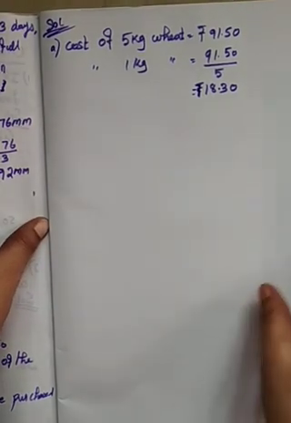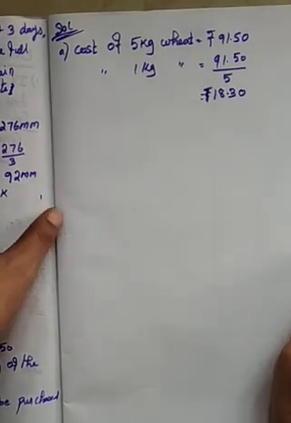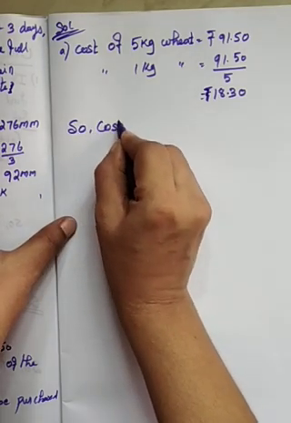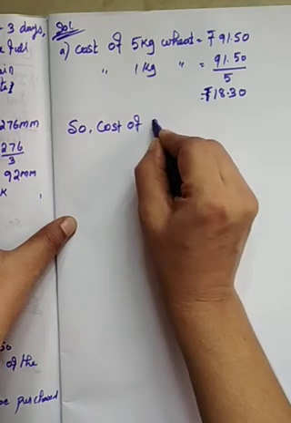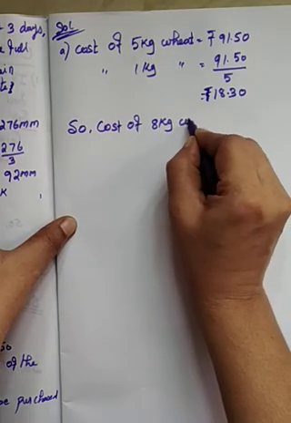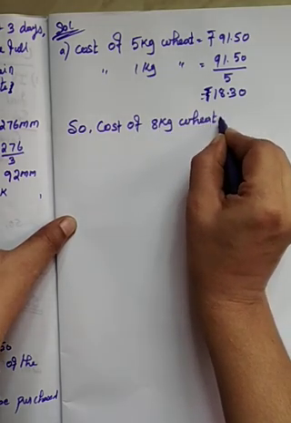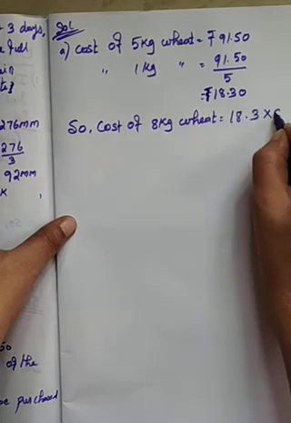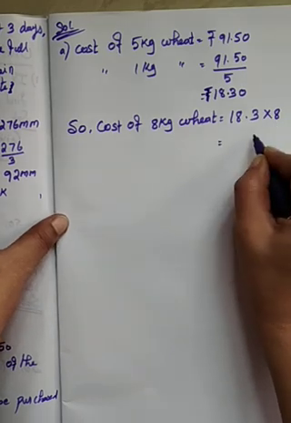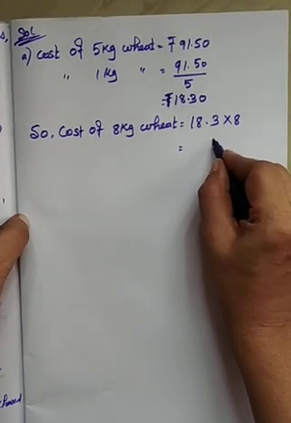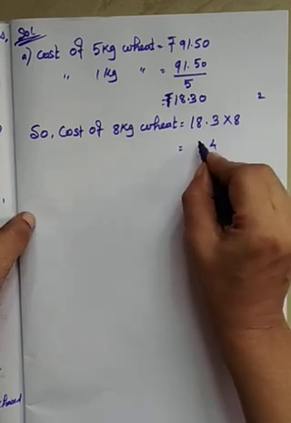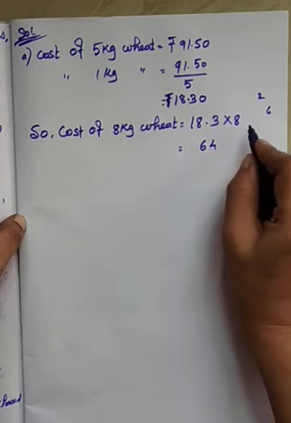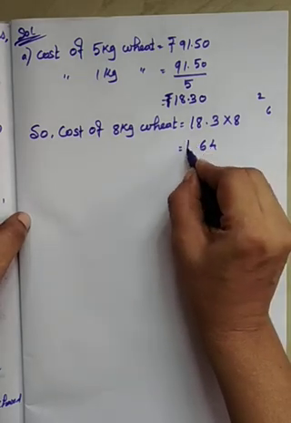So we have to find cost of 8 kilogram wheat. So equal to 18.3 into 8. See here, 8 3s are 24, remainder 2, 8 8s are 64, 64 plus 2, 66, 6, 1 8s are 8, 8 plus 6, 14.